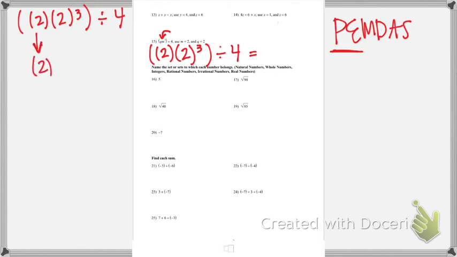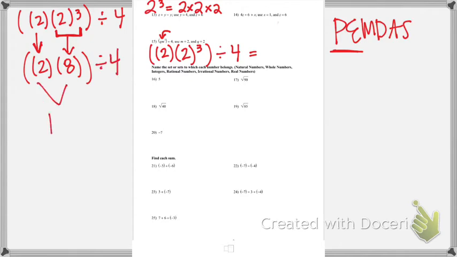We're going to bring it down. Now we can simplify this exponent. 2 to the 3rd power. That is the same thing as me saying 2 times 2 times 2, which is 8. So now we have a simplified set of parentheses. That right there equals 16. 16 divided by 4 is 4.